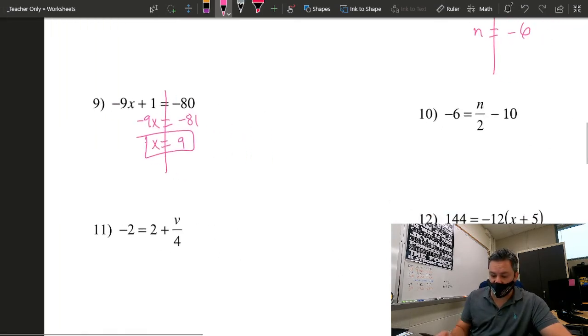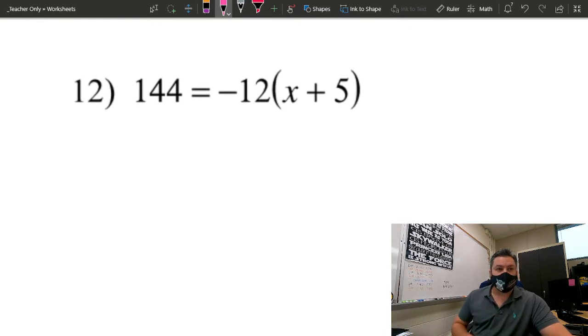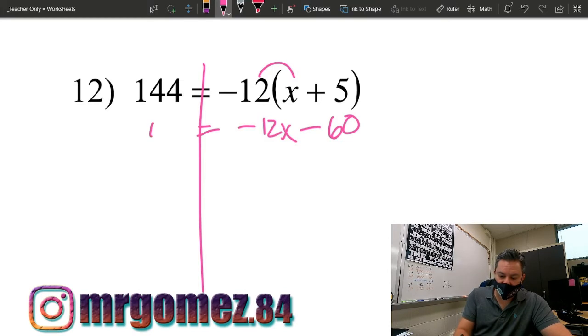Number 12. Again, we have another group. We got to undo that group first. First, let's get rid of the group. So I have negative 12x. Negative and positive is a negative. And this is 60. Equals 144. Nothing happens on the other side yet.